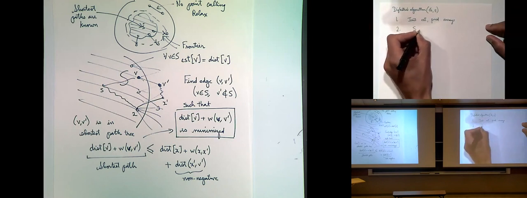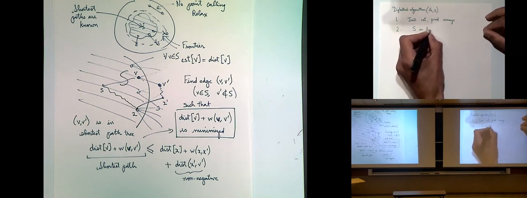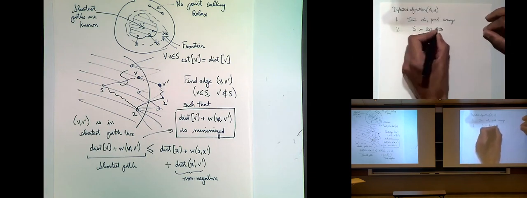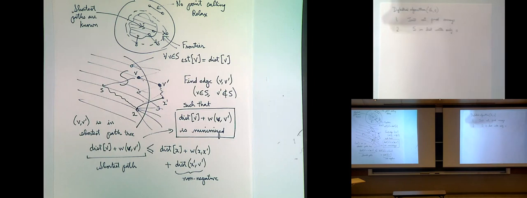I'll just say S is a list with only little s. So S is what you've discovered so far, capital S, and it starts off just being little s. It's a list, it's a set, you can maintain any data structure. G is your graph. Okay.